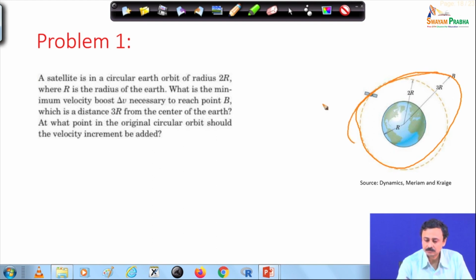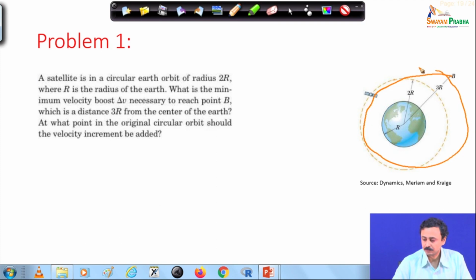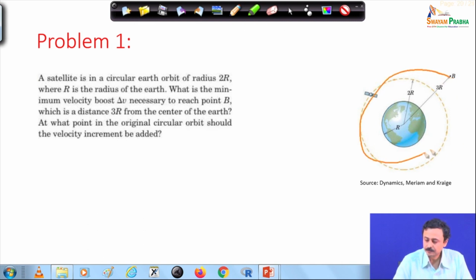So, we draw it in a better way. Okay, so this will be roughly the ellipse with B as the apogee, and therefore the diametrically opposite point should be the perigee.